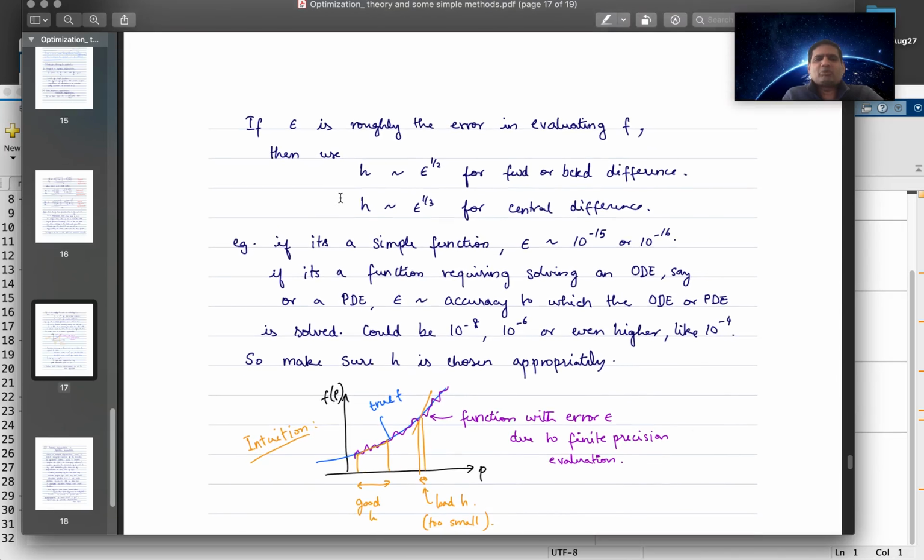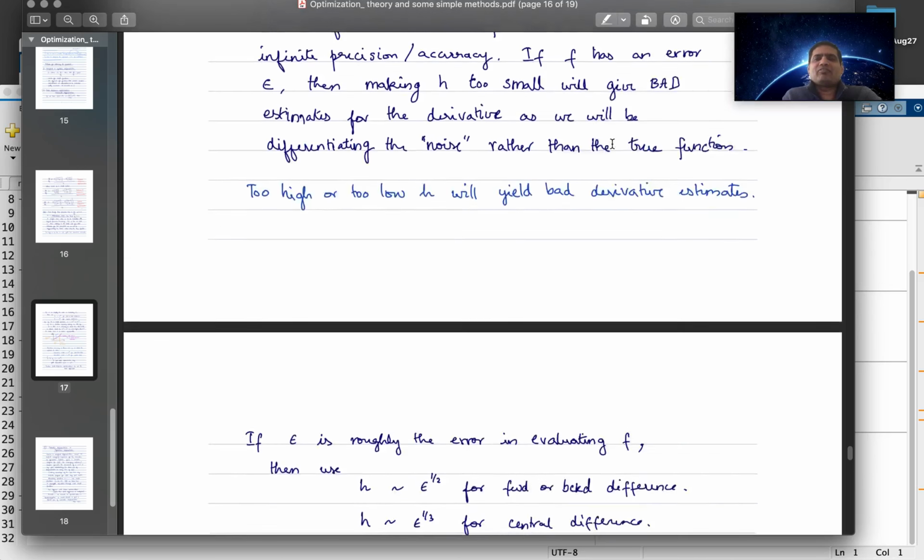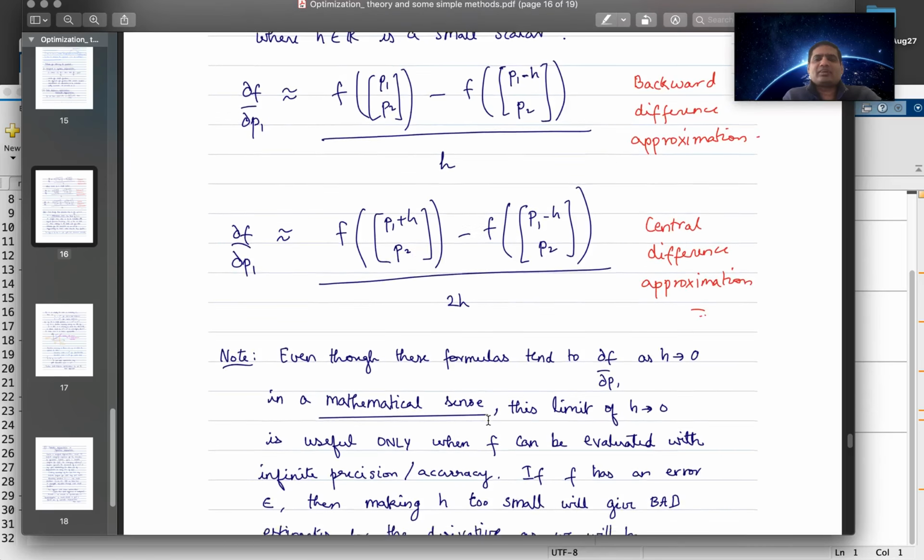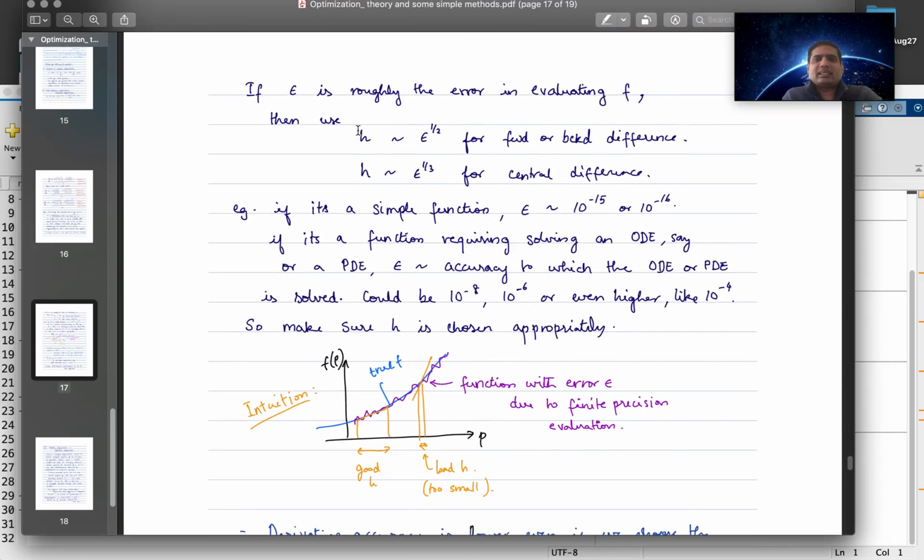And here's the rule of thumb for how big h should be. If epsilon is roughly the error in evaluating f, then h, it turns out, should be the square root of epsilon if you're using the forward or the backward difference formula, and the cube root of epsilon if you're using the central difference formula above.